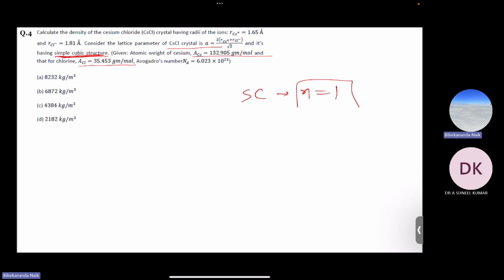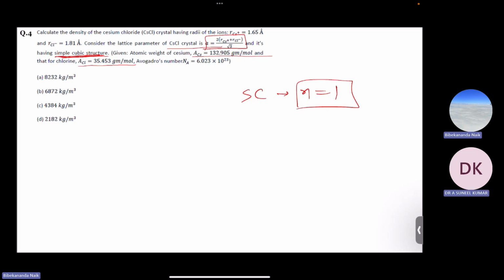But for simple cubic, the relation is not this. That's why the relation is given explicitly. So you will take this value of A and take n equal to 1, because it has been mentioned that we need to consider the structure as simple cubic.